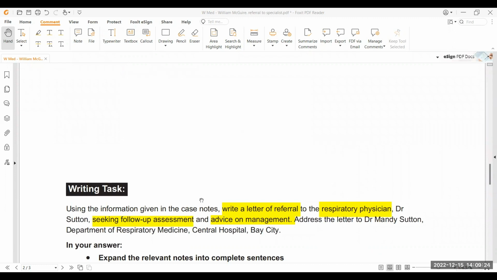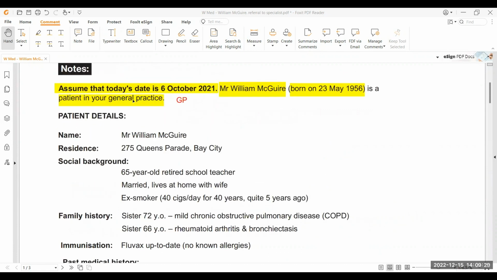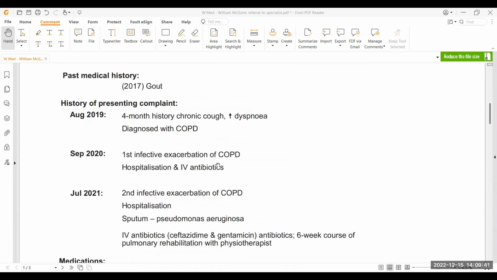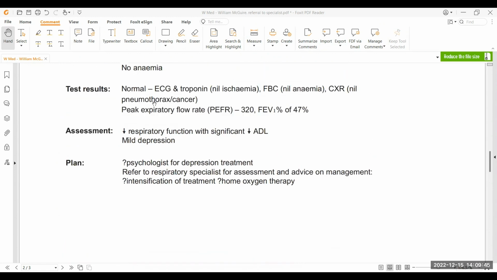And then do you orientate yourself with what your role is in this case? Yes, general practitioner. And then what's the next part that you read? Is it the notes directly above the writing task? Yes, I start from the plan, the assessment, and then I read all the notes.